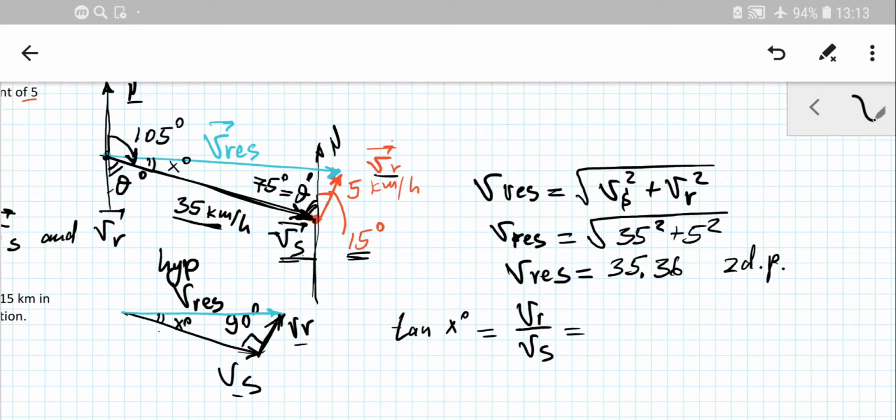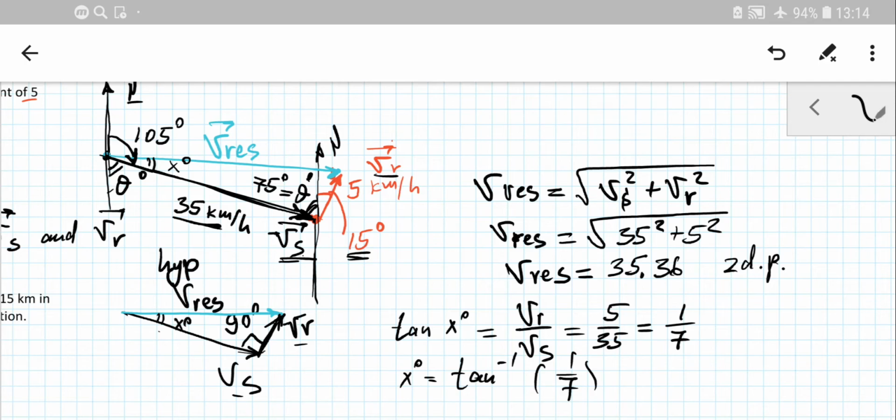So Vs becomes the adjacent, Vr becomes the opposite side. Okay, let's plug in the values. It's 5 to 35, which can be cancelled to 1 to 7. And from there we can find X is simply tan inverse of 1 over 7. Okay, so let's try to do it.